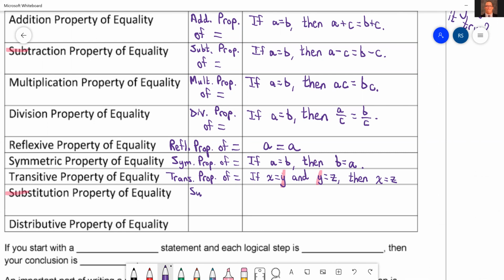The substitution. So I'm going to call this subs, with the S, prop of equality. This one's probably our longest as far as writing goes.